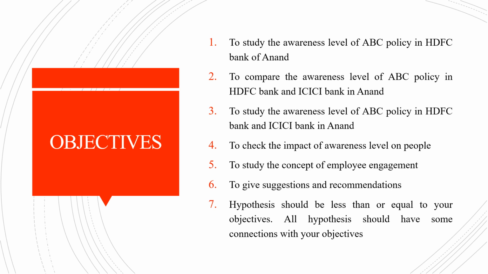Here it has been written to compare, which means there should be two variables: one is awareness level, and second is the bank, HDFC Bank and ICICI Bank. Though there are two variables, what tests do you go for? You go for hypothesis testing, t-test, ANOVA, and accordingly for the higher versions of relations: correlation and regression.